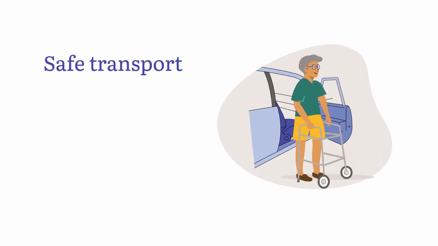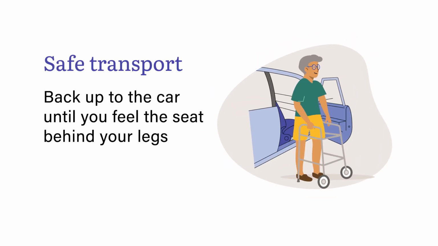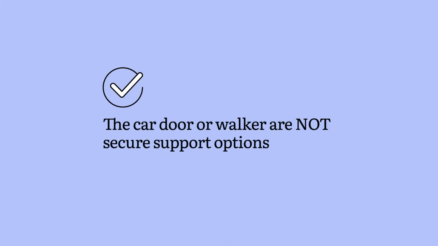To help you get into the car safely, back up to the car until you feel the seat at the back of your legs. Reach your hand behind you for the back of the seat, using the other hand to secure a spot on the frame of the car or dashboard. The car door or walker are not secure options. However, if you need to use the car door or walker, have someone hold the unsteady objects.